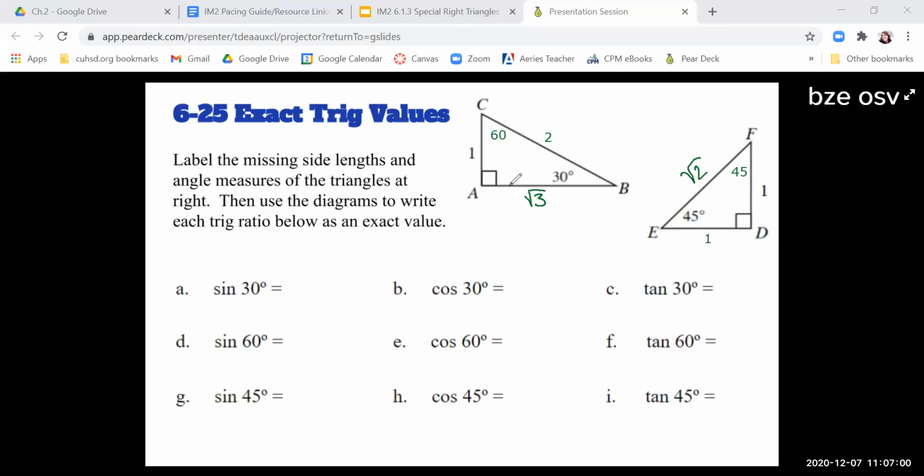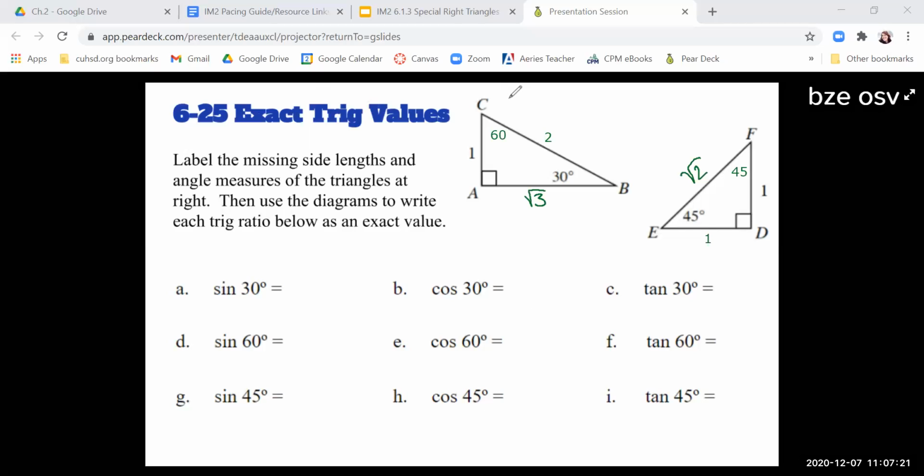Okay, so now I have the 3 sides of my triangles. I'm going to go ahead and talk through a little bit about trigonometry so that we can find the sine, cosine, and tangent of all these different angle measurements.